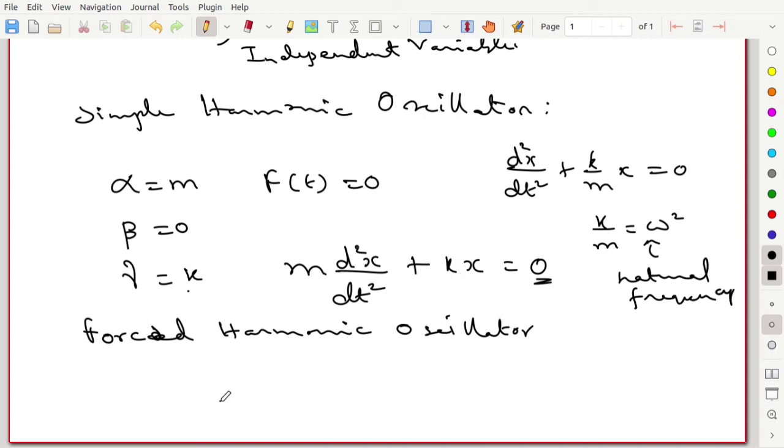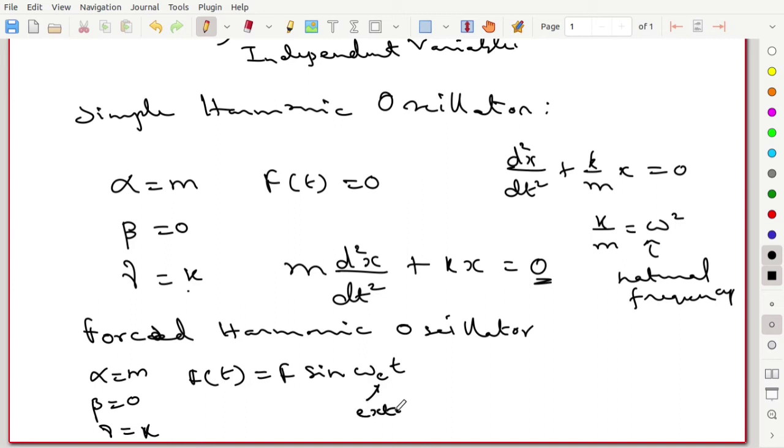So for the forced harmonic oscillator, the parameters are alpha equal to m, beta equal to 0 and gamma equal to k, and since it is a forced harmonic oscillator, we have f of t not equal to 0, and we take a function of the form F sin omega_e t. Here omega_e is the forcing frequency, and this e represents external: the forcing is coming from an external force, the forcing term.